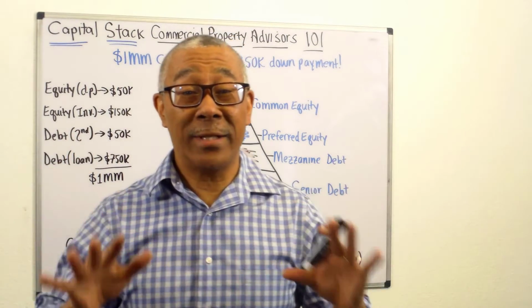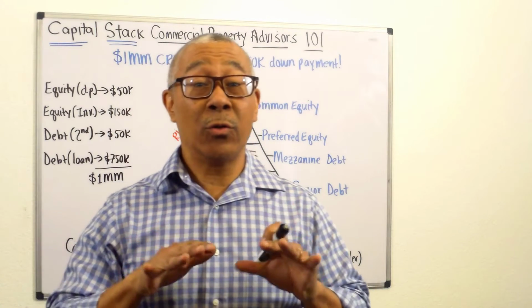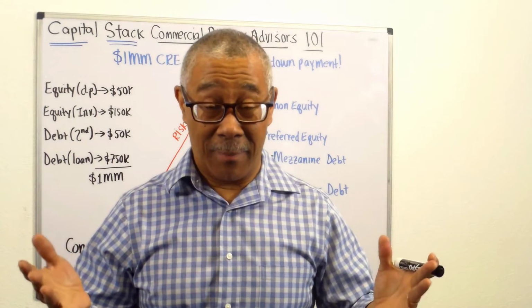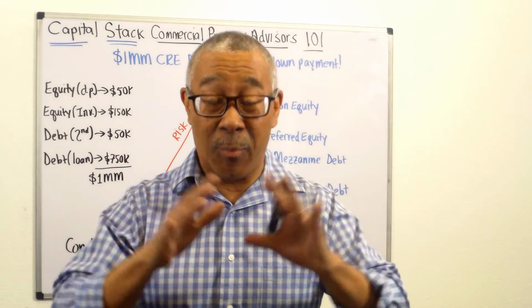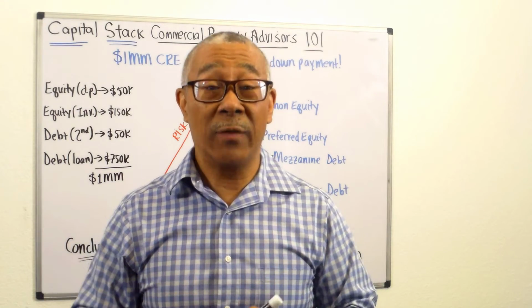I am going to get a little technical with you, so bear with me. When you Google capital stack commercial real estate, what's behind me is going to come up. It can be very confusing. So in a couple minutes, I'm going to break down everything for you to simplify it using my previous deal.